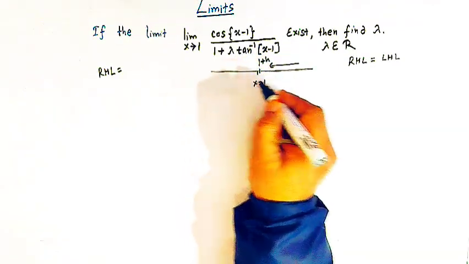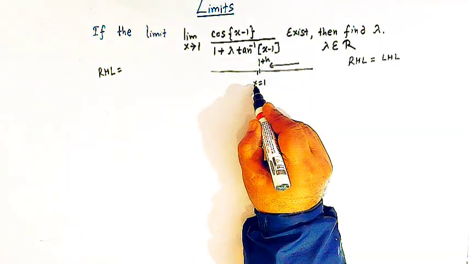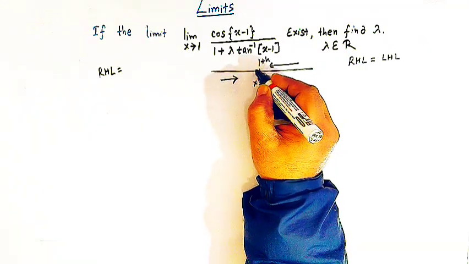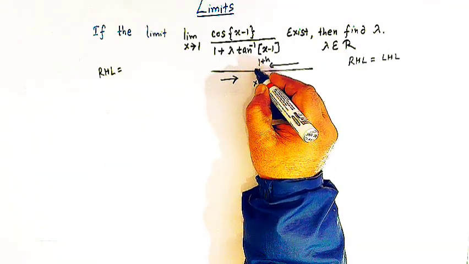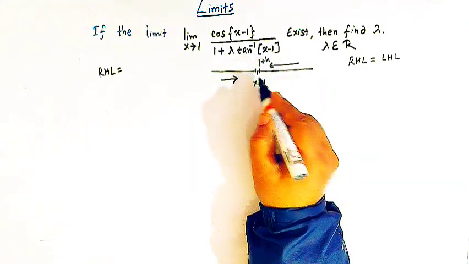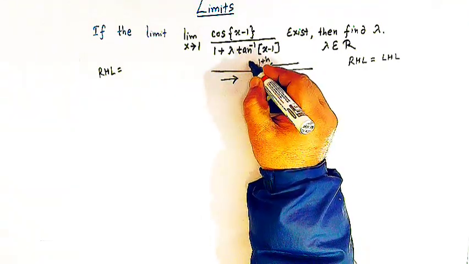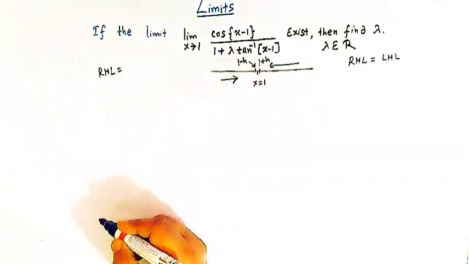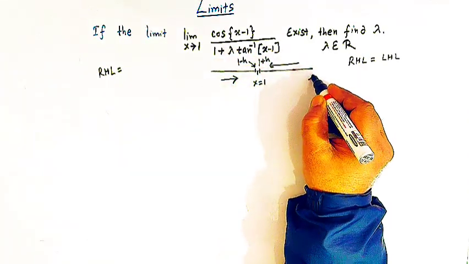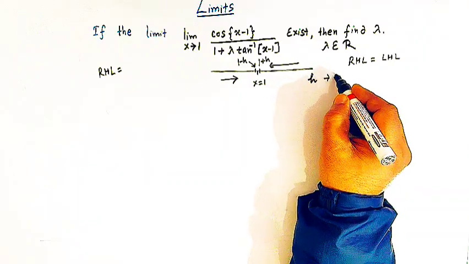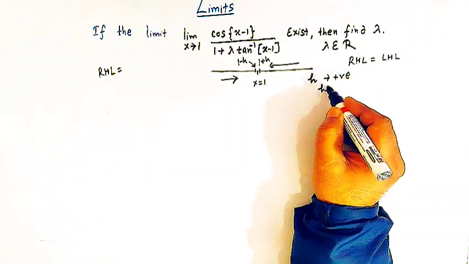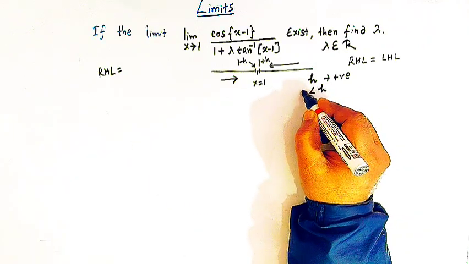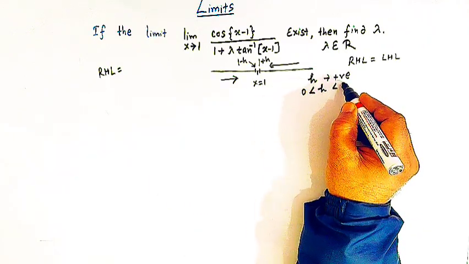Similarly, when we tend towards x equal to 1 from the left, we reach a point known as the left neighborhood, which may be taken as 1 minus h. Remember, this quantity h is positive, infinitesimally small, and h lies between 0 and 1.